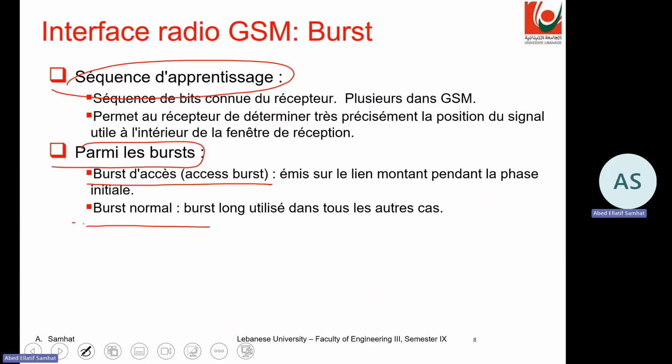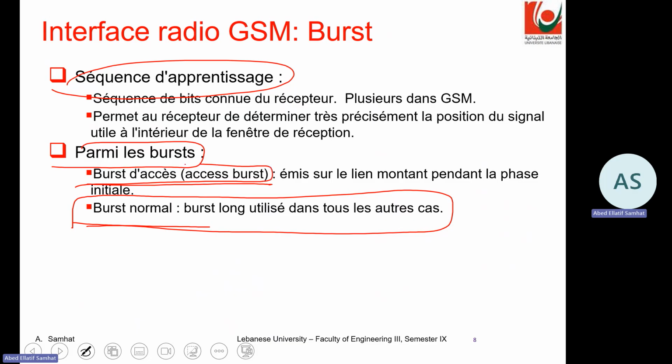In fact, all bursts that are used in GSM are normal, except the case where we have the access burst. And this access burst is typically used in the uplink direction during the initial phase. It's when you want to access the channel, so you need to use the access burst on the uplink toward the base station in order to request a channel.